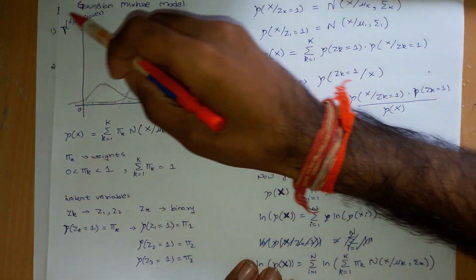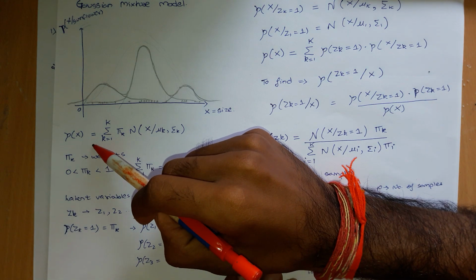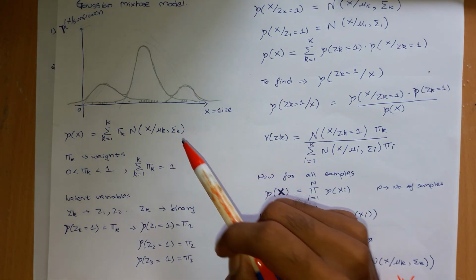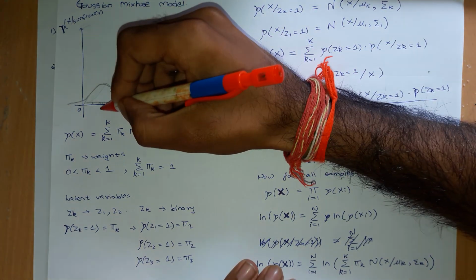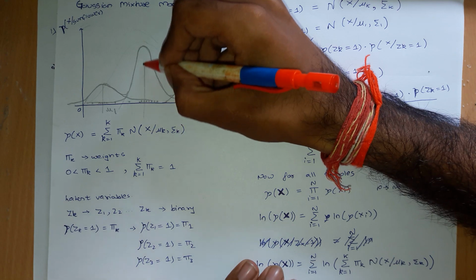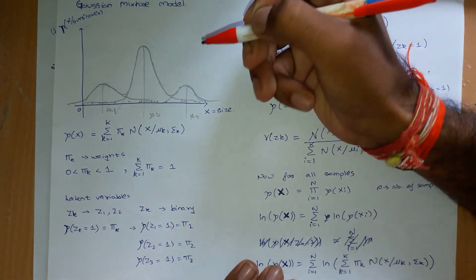So I am denoting this as p of x, and you can see that this p of x is nothing but a summation of different Gaussians. Say this Gaussian will have a mean mu1, this Gaussian a mean mu2, and this a mean mu3.